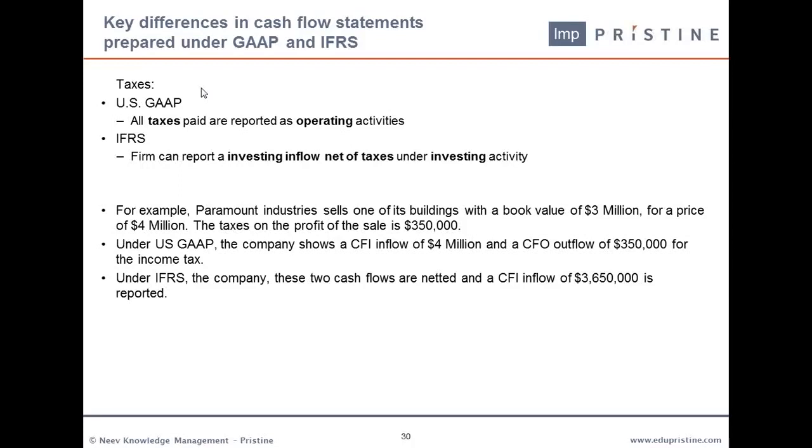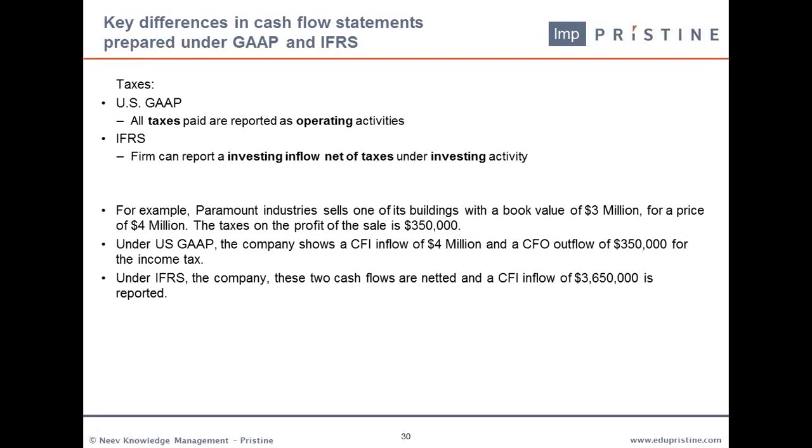So what this basically means is, here's an example. A company sells one of its buildings with a book value of 3 million for a price of 4 million. The taxes are $350,000. So in case of US GAAP, it shows an inflow of 4 million and an outflow of 350,000.